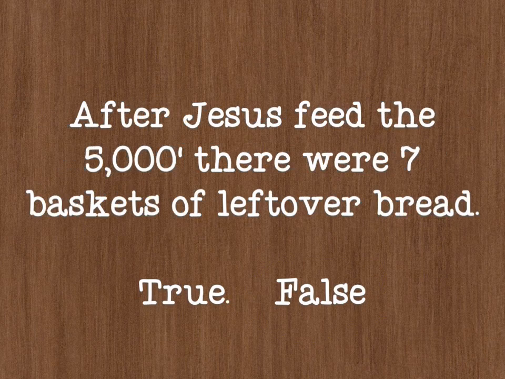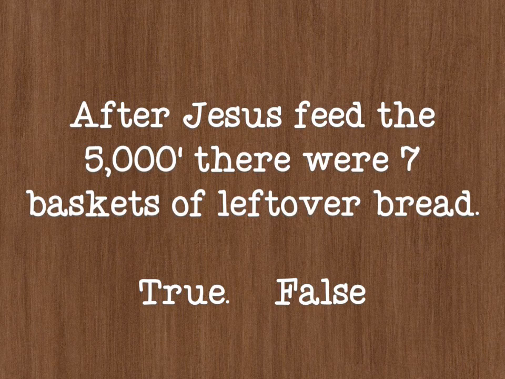Okay, so Jesus performed a miracle. He had fed 5,000 people. After Jesus fed the 5,000, there were 7 baskets of leftover bread. Remember, he took 5 fish and 2 loaves of bread, and he prayed over them, and suddenly they had enough to feed 5,000 people. And there were baskets left over.